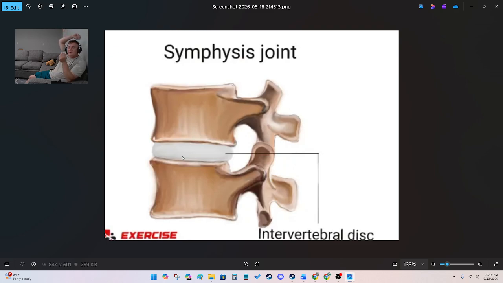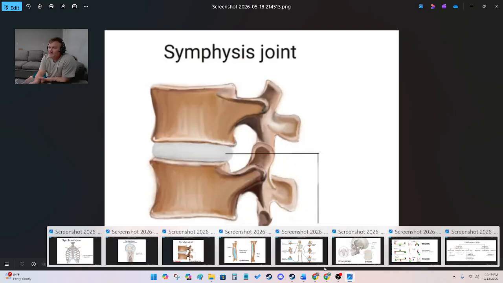And the best example is a wooden snake, where it has all these links and it just kind of goes like that. If I had a wooden snake, guys, spent like $1 at Walmart, you can see what I'm talking about. But that is a semi-mobile joint.